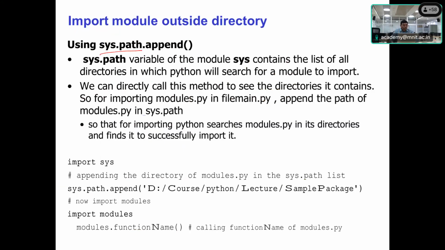We can use sys.path.append. The sys.path variable of the sys module consists of the list of all the directories in which Python is going to search for a particular module to import. It is going to search in that particular list of directories which are mentioned in the system file.